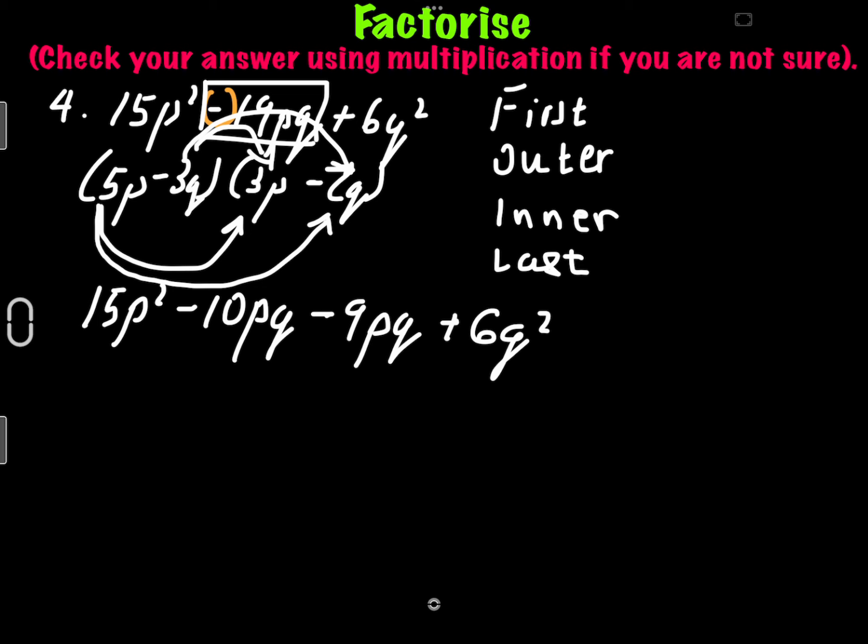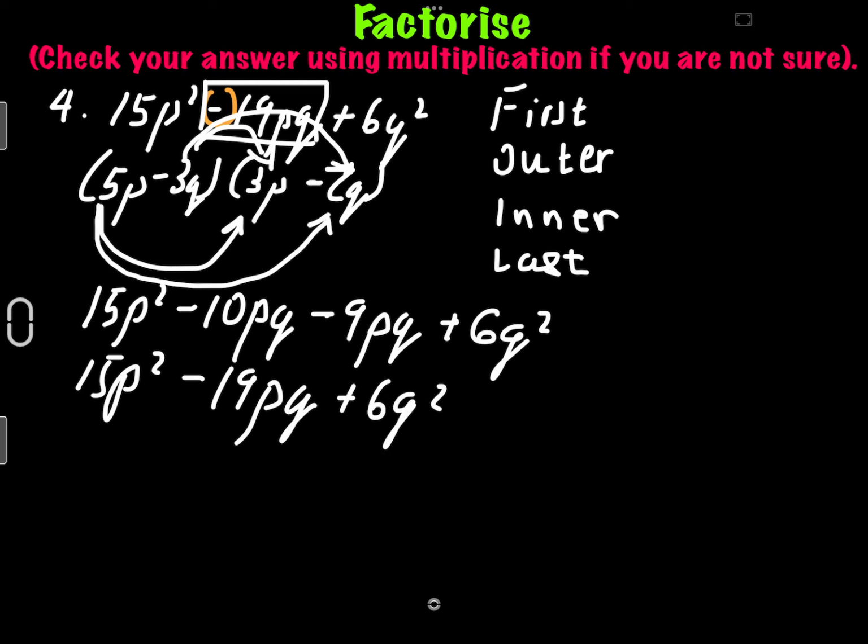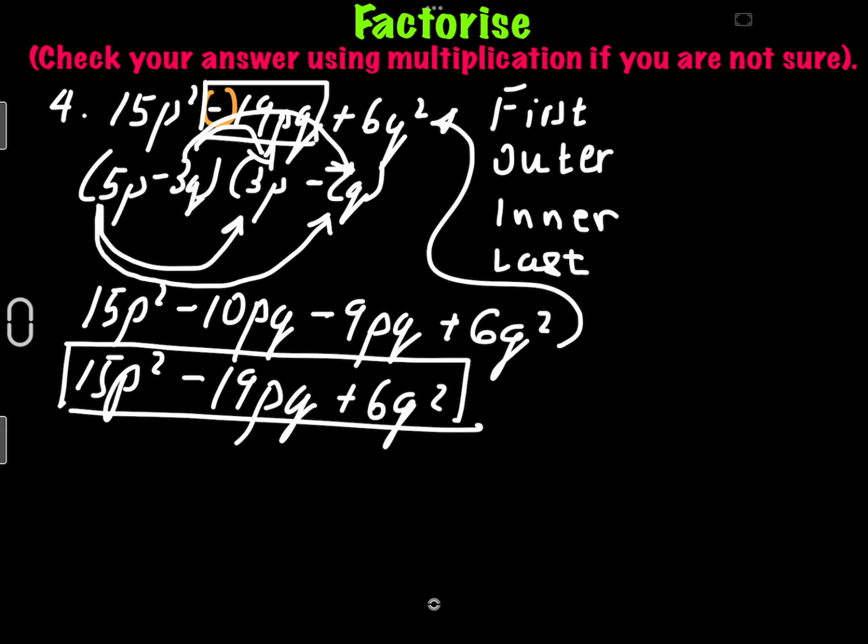Okay, now in a nutshell, what this means is that after simplifying this, it should give you our same problem as we started with. So this expression is the same as that.